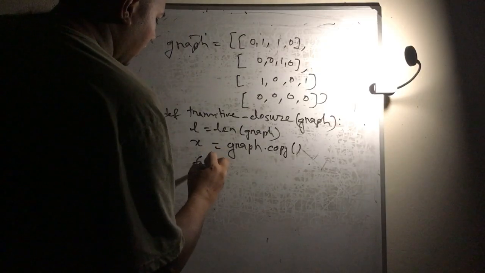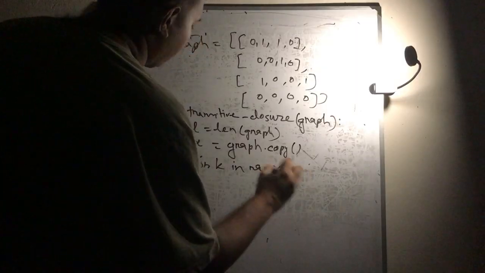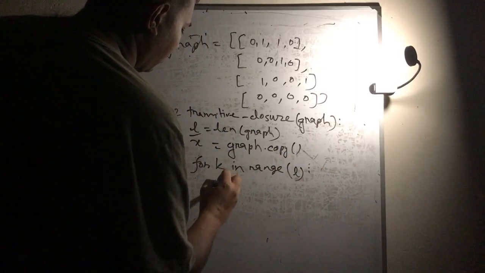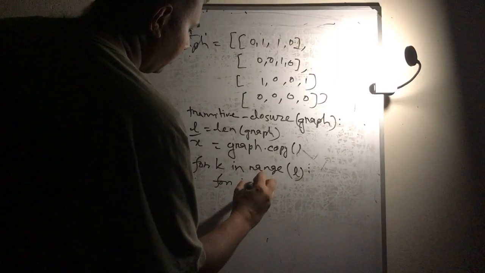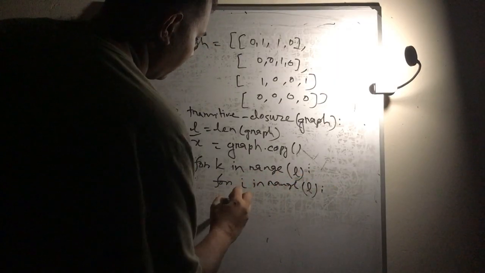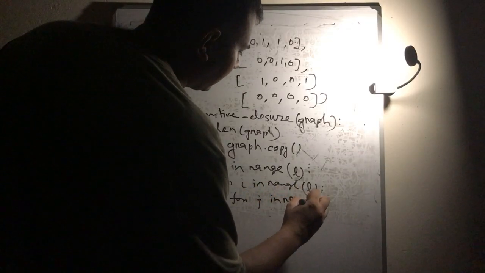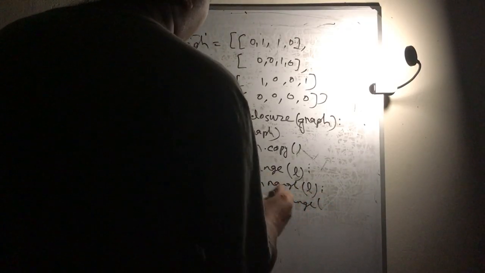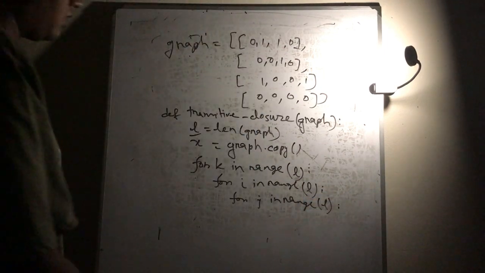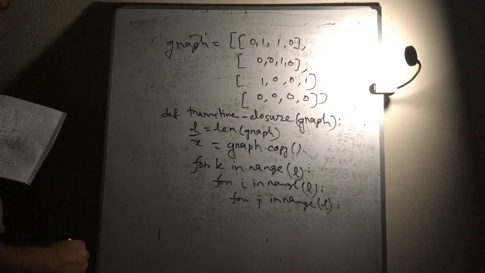For k in range L, inside it for i in range L, for j in range L. Now why is there such a nested loop? Let's see.